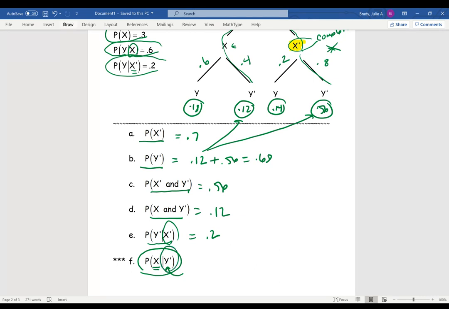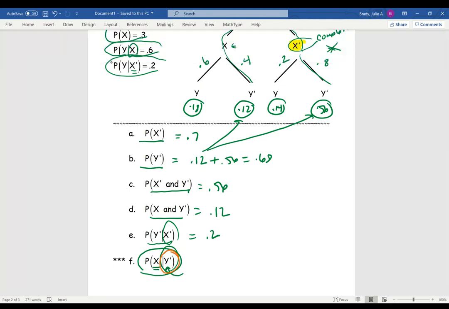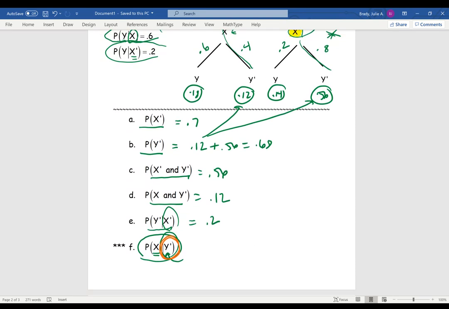So I'm going to change my pen color. Get to orange again. Okay, and where are the chances that y prime happened? I'm going to do the table first and then I'm going to write the fancy definition. So if y prime happened, we know that I'm here or I'm here. So I know those are my only two things that could have happened. So I've narrowed my world.